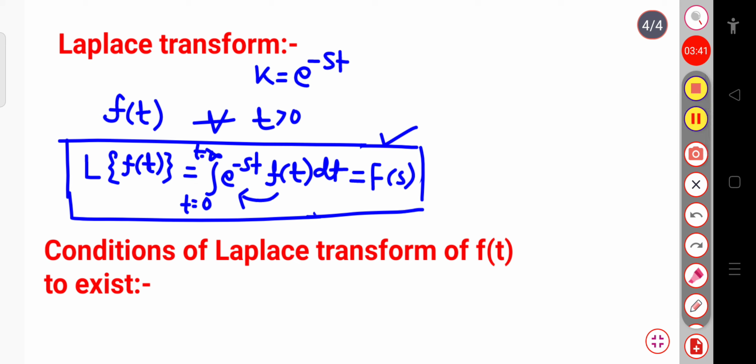Now we will see what the basic conditions are for the Laplace transform of f of t to exist.